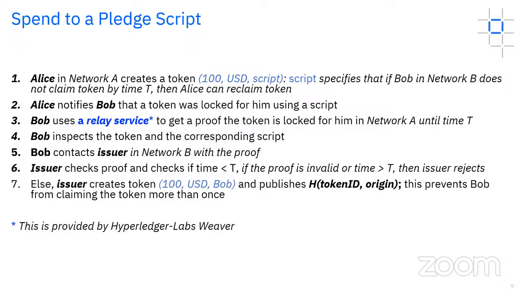And why we add this hash of token ID and origin is to prevent Bob from claiming the same token twice. Because you could imagine that the issuer doesn't store this information, and then later Bob would come again with the same proof, present it to the issuer, and the issuer would just issue the token again. So it is very important for the issuer to keep track of the tokens that have been pledged.